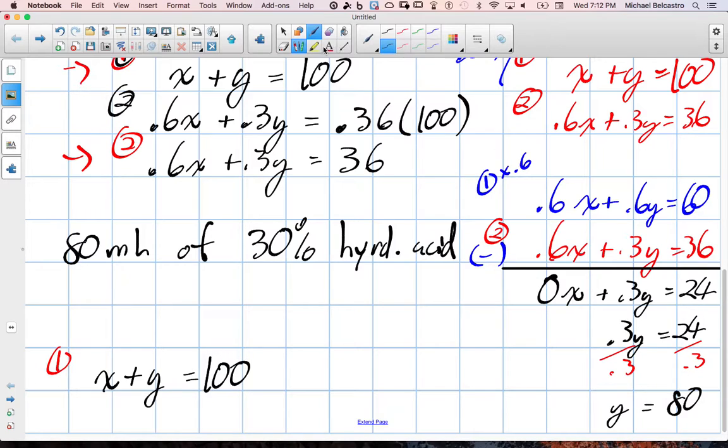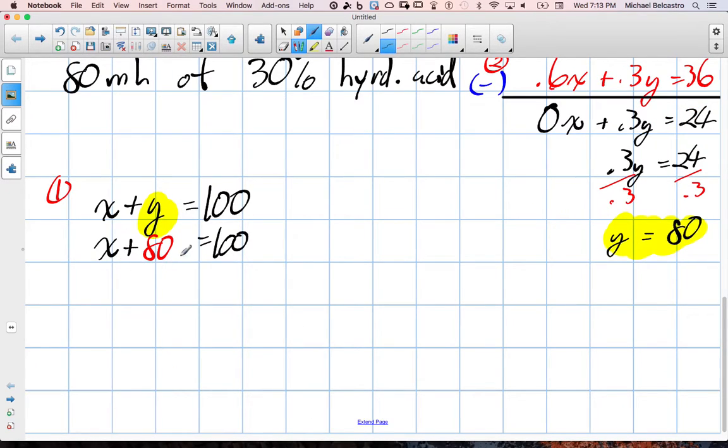Well, y, we already know from before, is equal to 80. So we're going to replace y with 80. So x plus 80 equals 100. And you might already know off the top of your head what the answer is going to be, but we'll do it. When we bring 80 to the other side, we have 100 minus 80. So x is equal to 20.